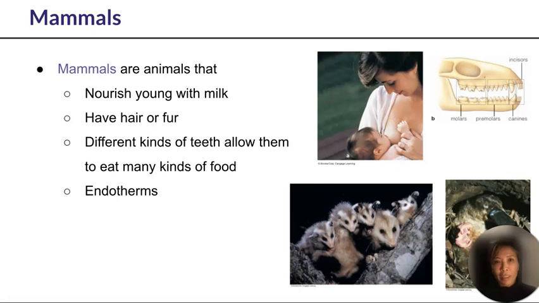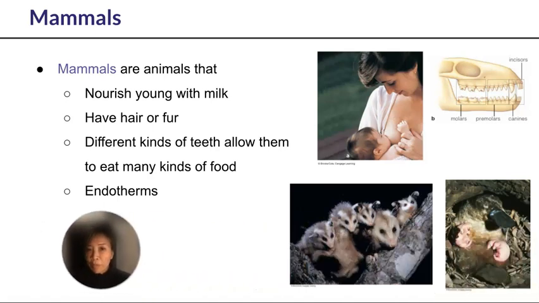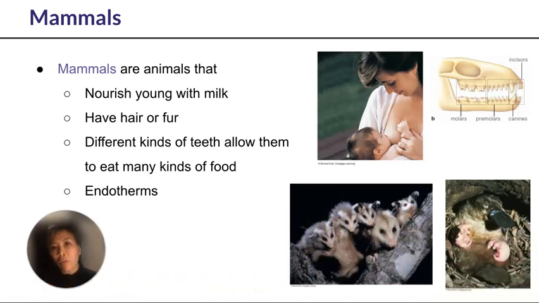So mammals are categorized as animals that are able to nourish their young with milk, right? They also tend to have either hair or fur, and mammals will often have different types of teeth depending on the type of food that they eat, right? So if we take a look at our pets at home, you'll see that your dog and cat will have very different types of teeth, right?